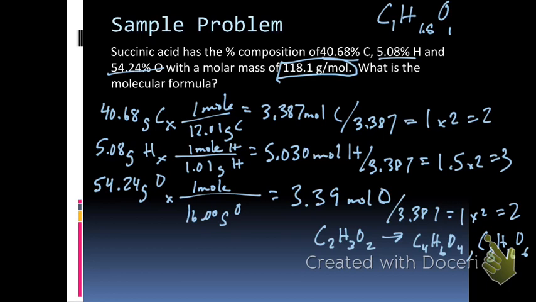So first, we know the molar mass of the molecule is 118.1 grams. So let's figure out the mass of the empirical formula. This is like the problem we did before. What I got is the empirical formula mass is 59.04 grams per mole, right?